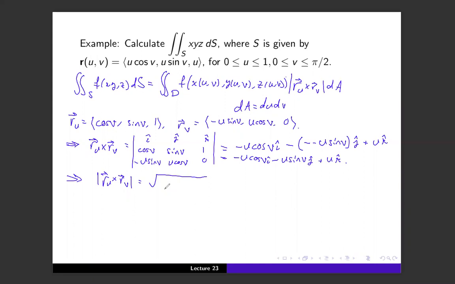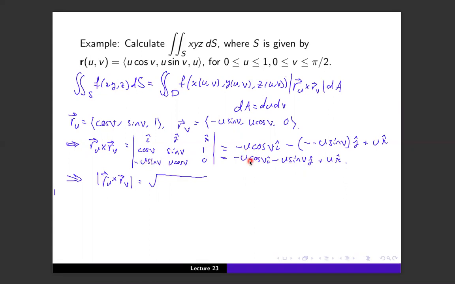I'm just taking a dot product in my head, basically. What I'm saying here is that you can take cosine v times negative u cosine v, negative u cosine squared, minus sine times u sine, or in other words, minus u sine squared, so that just becomes negative u, plus 1 times u, so that's 0, so that's good.